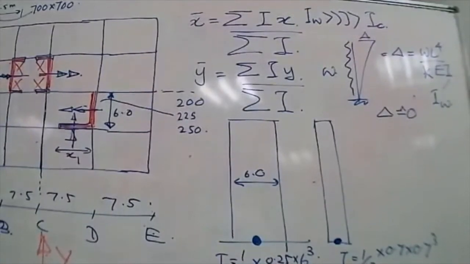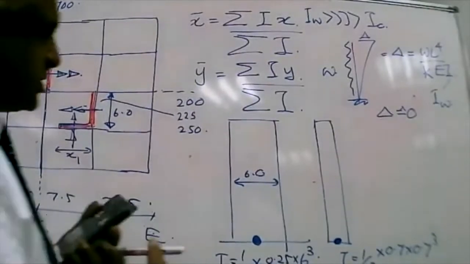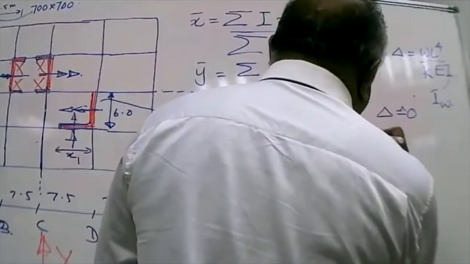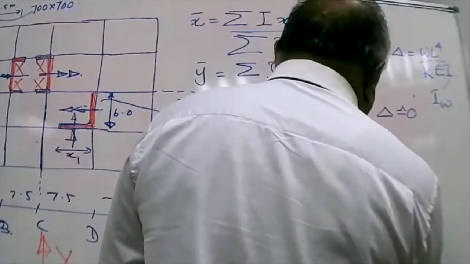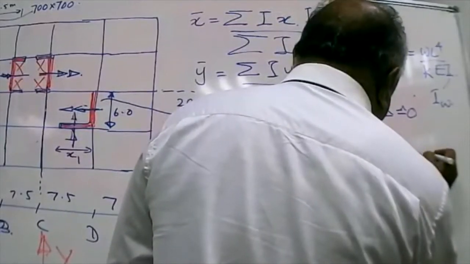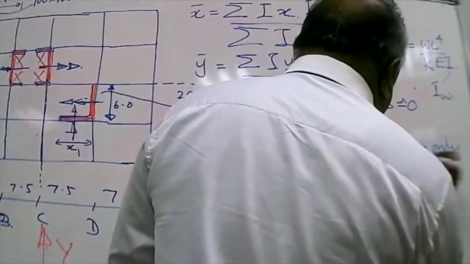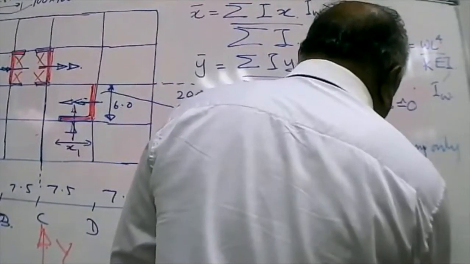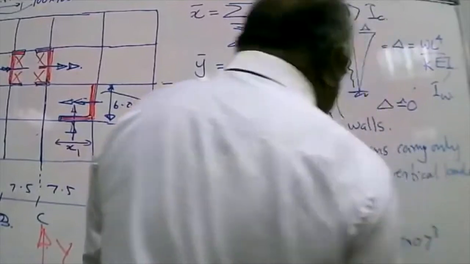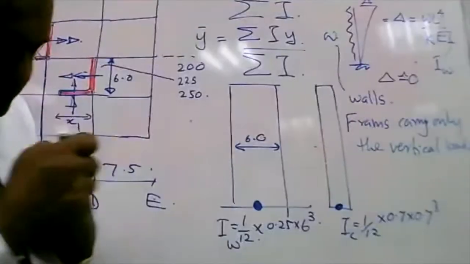Then we say all the lateral loads, all these W, will be carried by walls. And the frame carry only the vertical load. Frames will carry only the vertical loads.